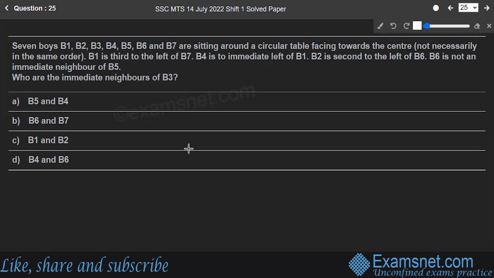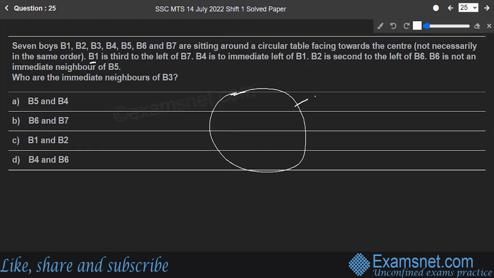This is your question. To answer this question, first of all, let's make a circle because they are sitting on a circular table. Yeah, here's your circle. Right, from the given information, very first thing it is saying B1 is third to the left of B7.